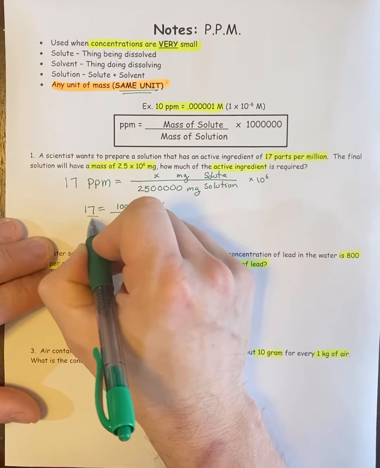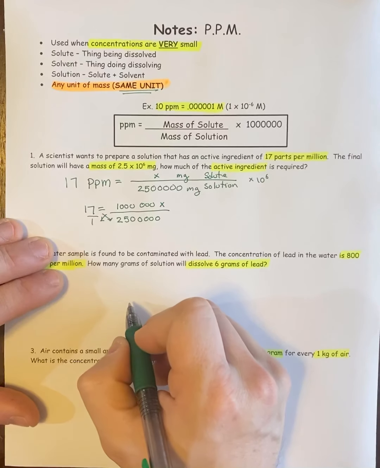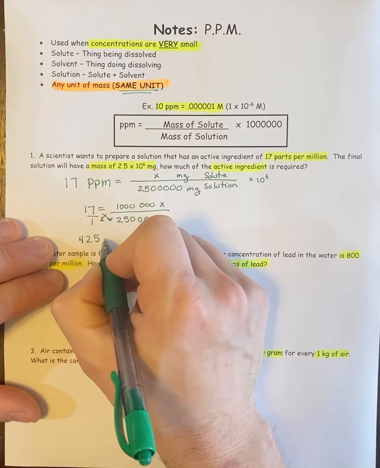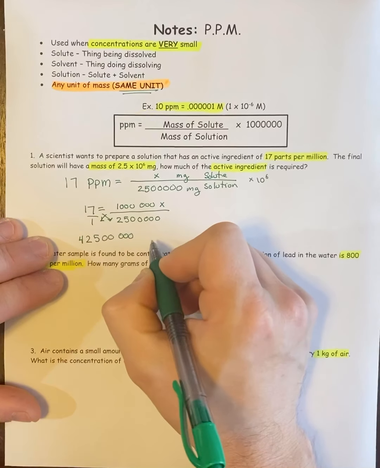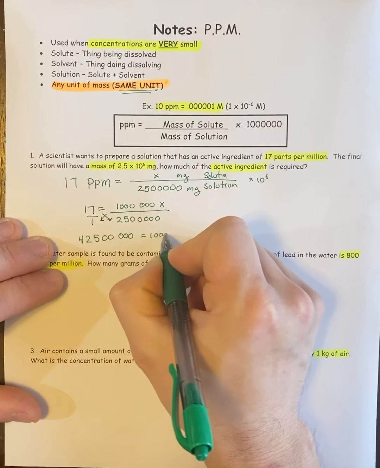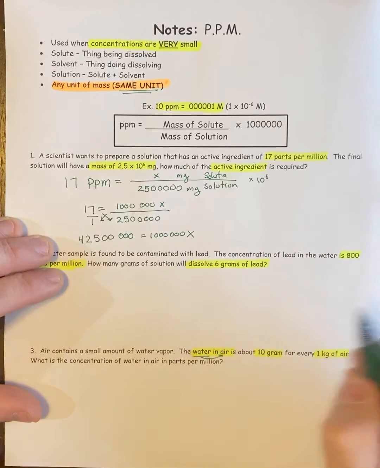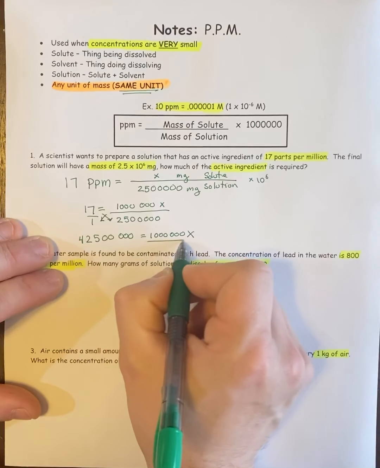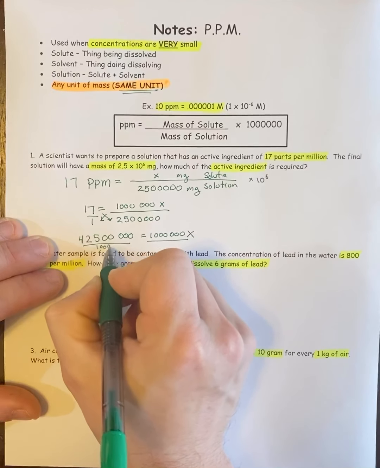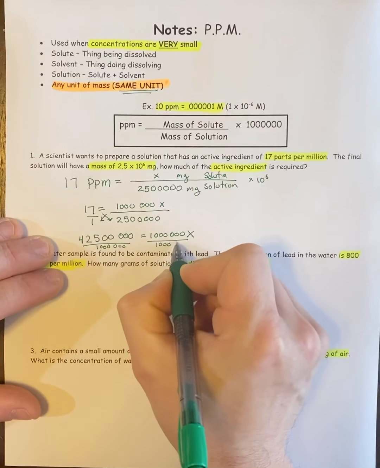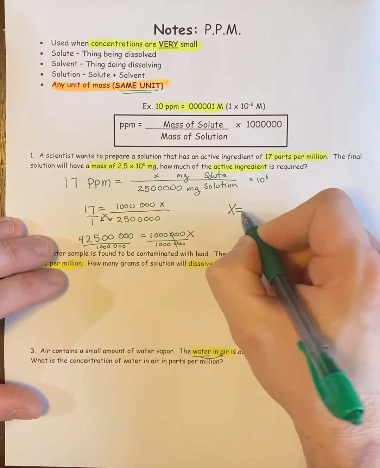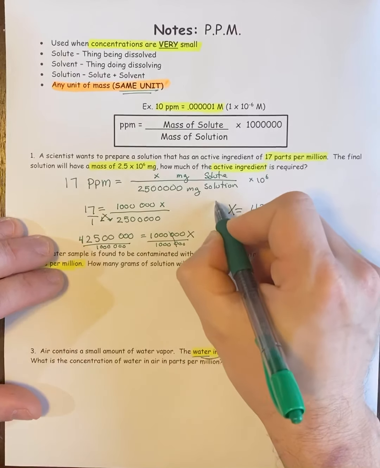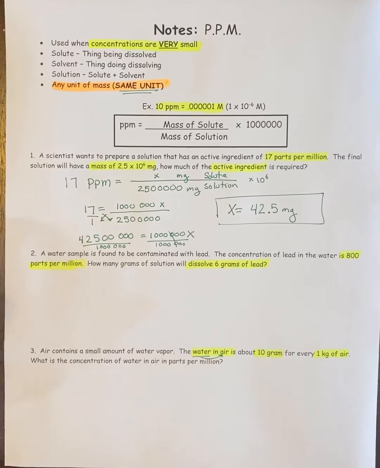Then you're going to make two fractions and cross multiply, and we get this. Then the last step is divide by a million on each side. And that's the active ingredient.